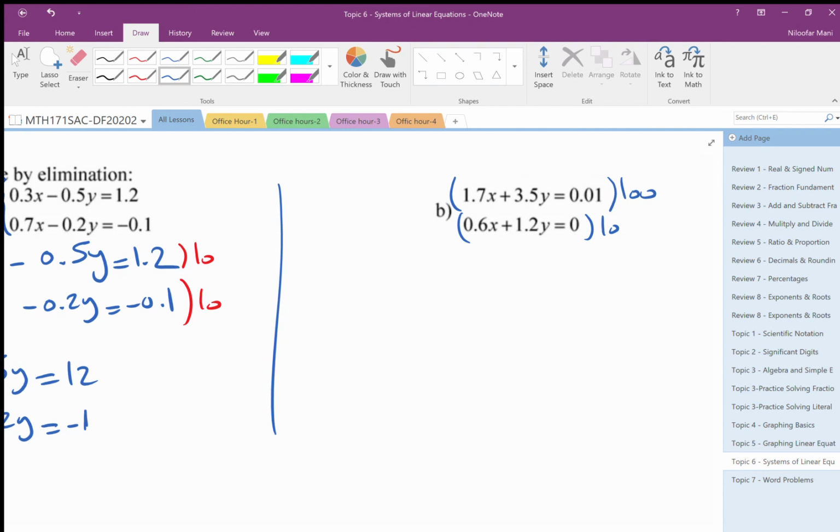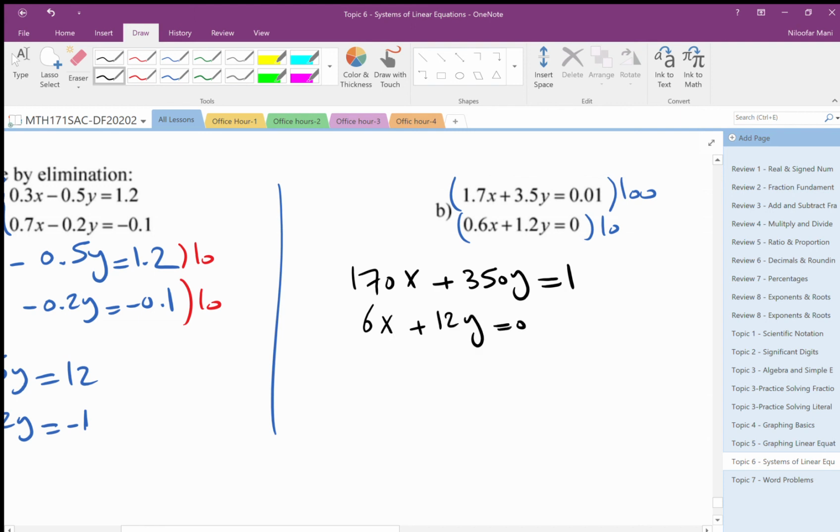Why the first one with 100? Because I see 2 decimals. So in this case I have 170x plus 350y equal 1, and then I have 6x plus 12y equals 0. Remember, 10 multiplied by 0 is 0. So then I can find x and y.